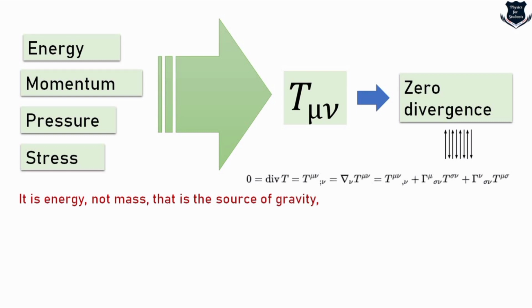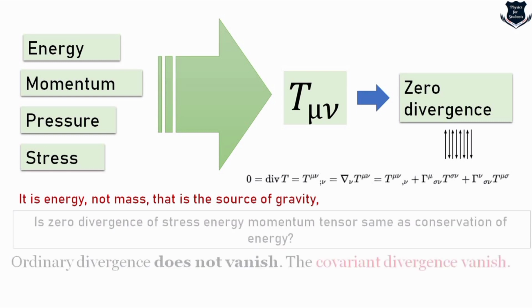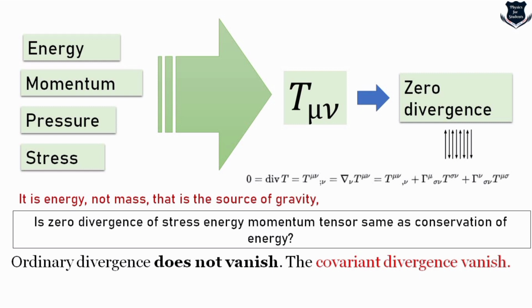It is energy, not mass, I'm so sorry, that is the source of gravity. So the question arises: is zero divergence of the stress energy momentum tensor the same as conservation of energy? No, ordinary energy does not vanish, only the covariant divergence vanishes. This is important.